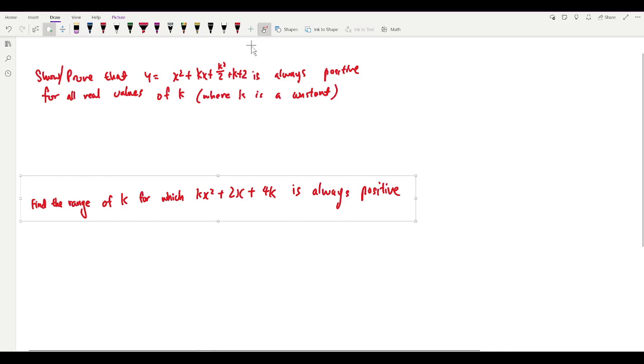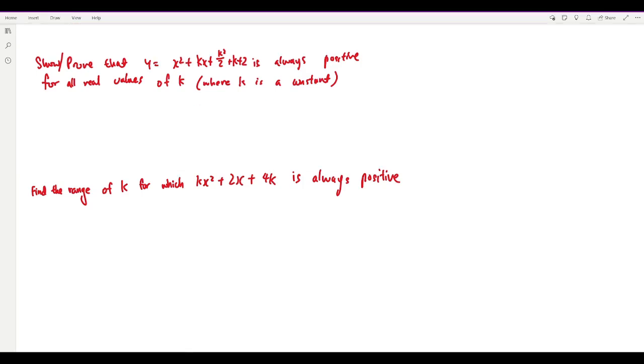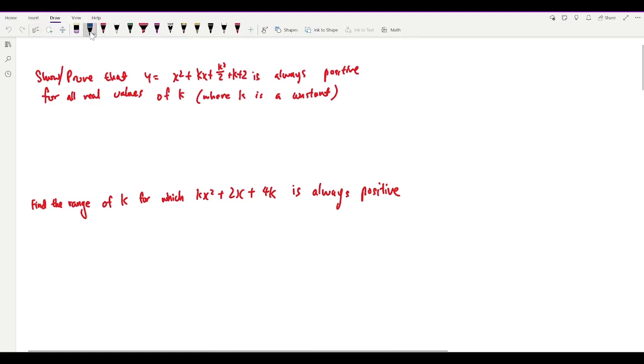But if you think about the implications of the phrasing, then you can start to see how they are different. Let's look at the question below first. It says find the range of k for which this is always positive. So that implies that there's a range of k for which your graph is always positive, U-shaped and above the x-axis.